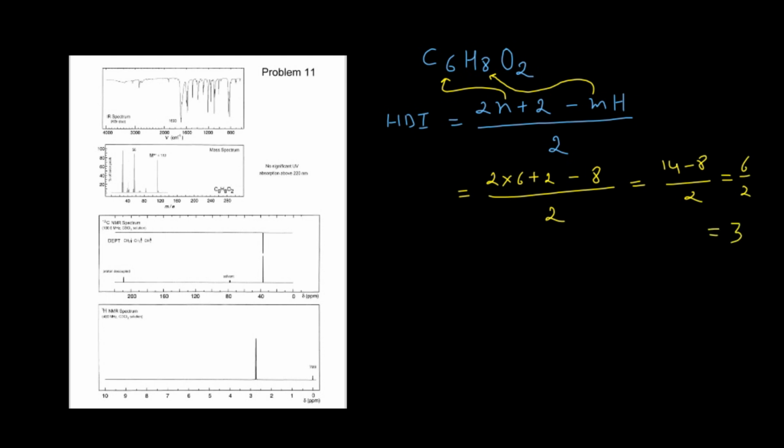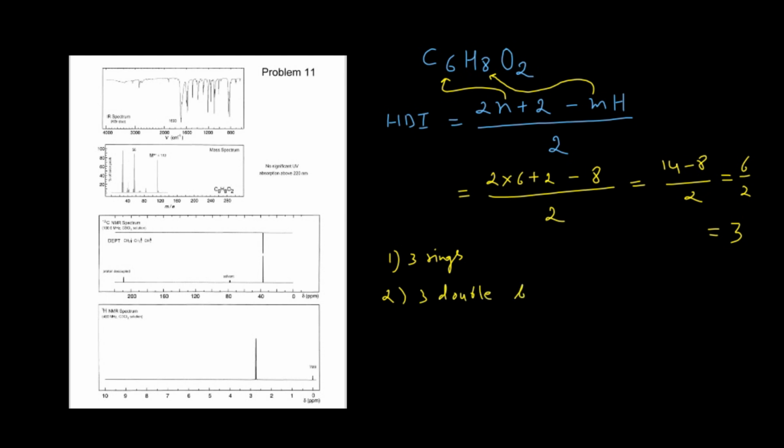right? So what is the use of this hydrogen deficiency index? Whenever you have this numeric value for HDI, say it is 3 now, what is the meaning of this 3? Your molecular structure, in that case, has a number of possibilities. First possibility is that 3 rings may be possible in your compound. Second possibility, 3 double bonds may be present in your compound.